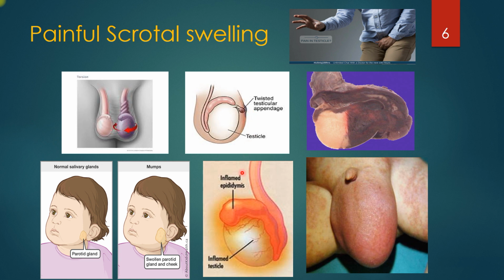Other causes of painful scrotal swelling are epididymitis and orchitis, which, for example, occur in adolescents, with UTI, or in those with unprotected sexual intercourse, or in children after mumps orchitis. Trauma might cause pain and hematoma. Also, if the patient has a complicated, obstructed hernia, he might have pain also.